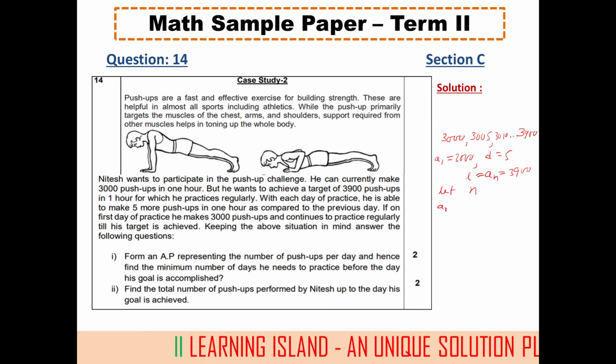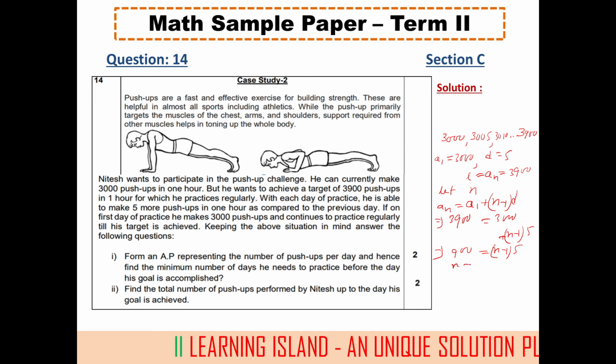It is AN equal to a1 plus n minus 1 d. So 3900 equal to 3000 plus n minus 1 times d, which is 5. From here, on simplification, we will get 900 equal to n minus 1 into 5.